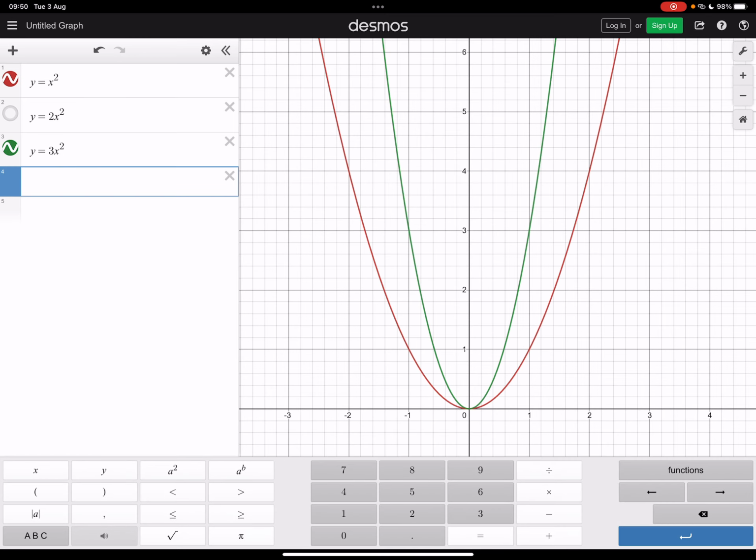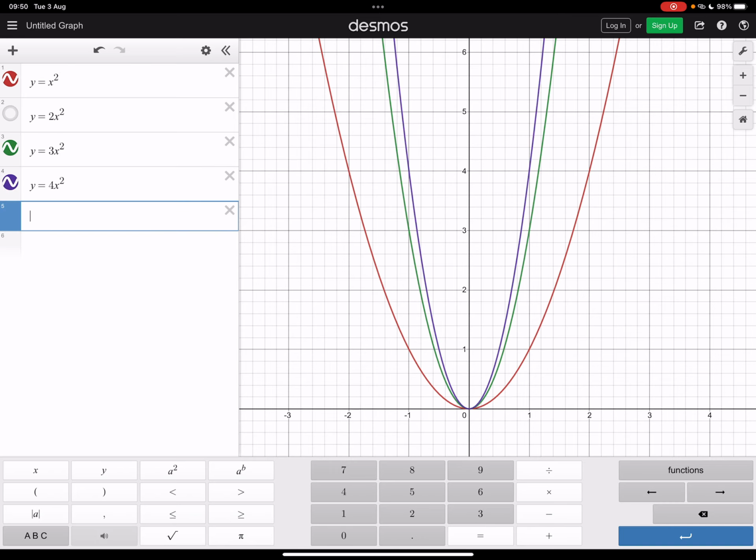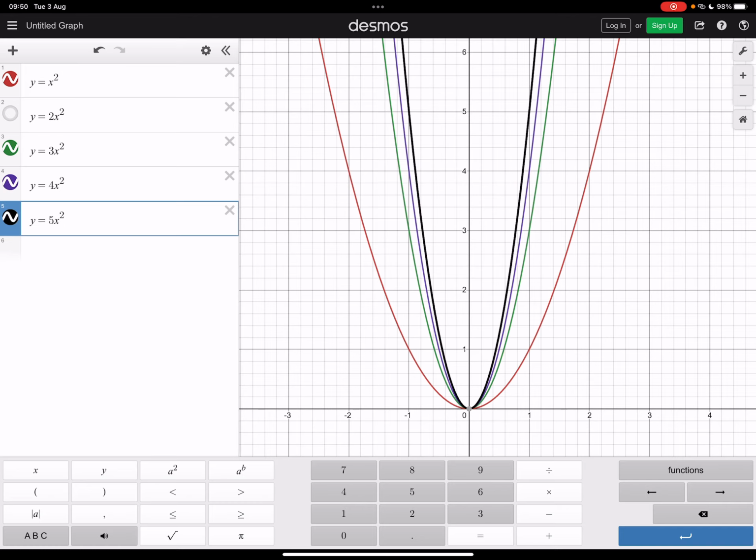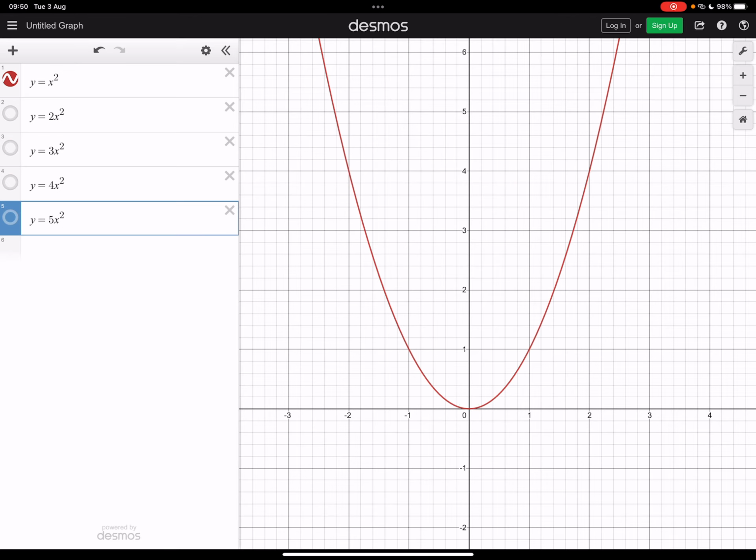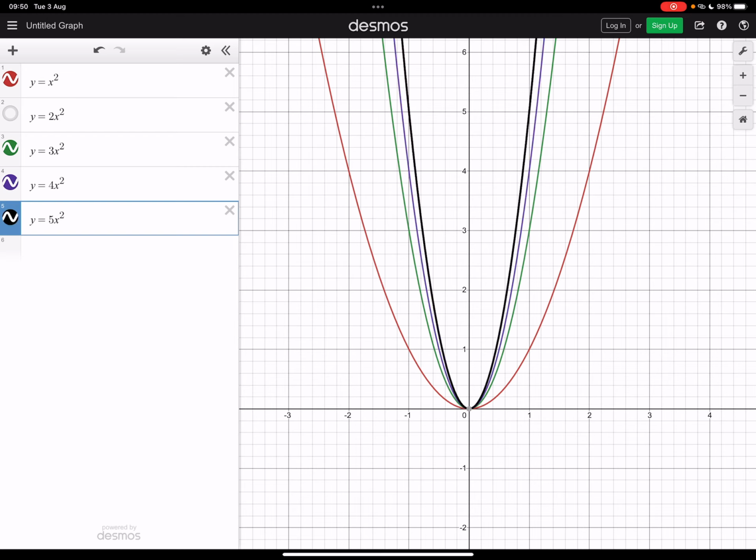So let's see what happens when you do y equals 4x squared. What about y equals 5x squared? You can see the larger the number gets, the narrower the shape is.